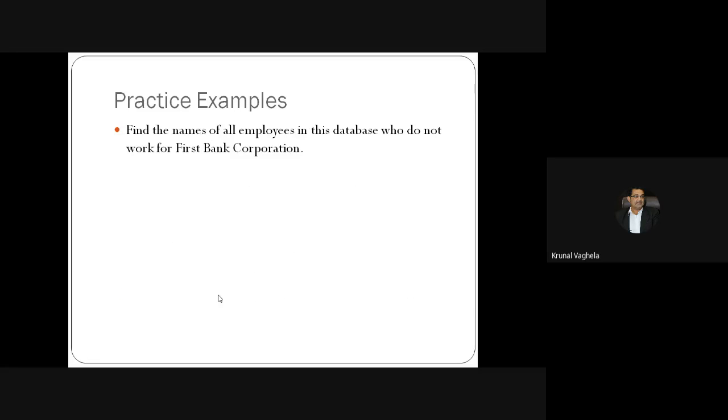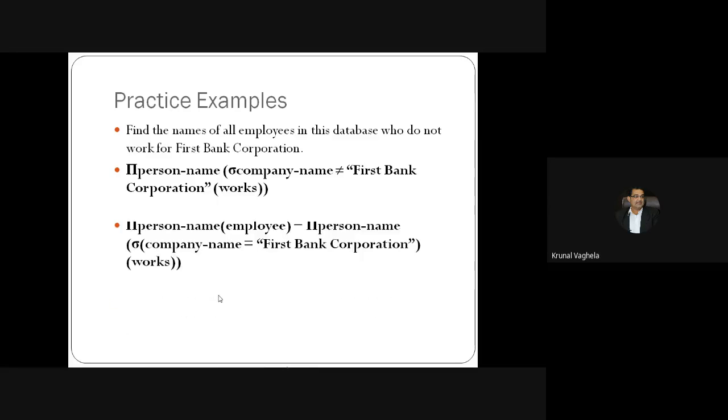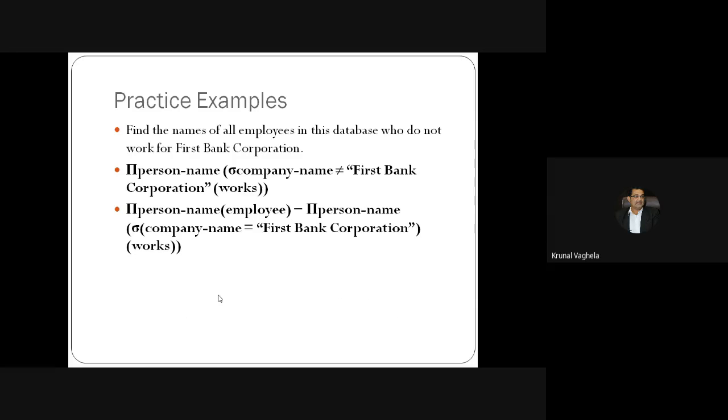Next, find names of employees in the database who do not work for First Bank Corporation. It is simple. Find names of company where company name is not equal to First Bank Corporation. And one more query is possible.